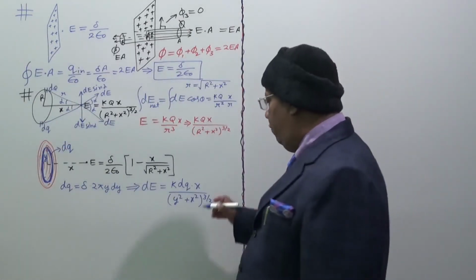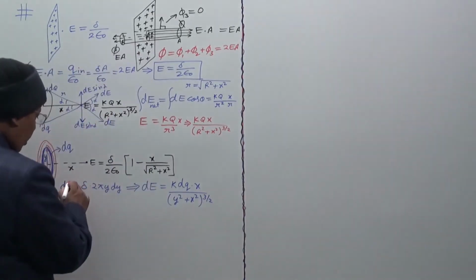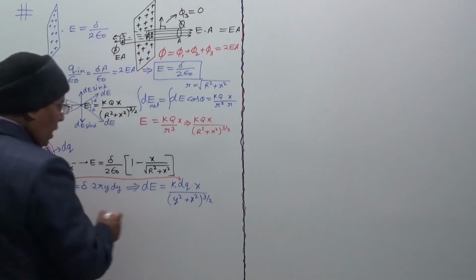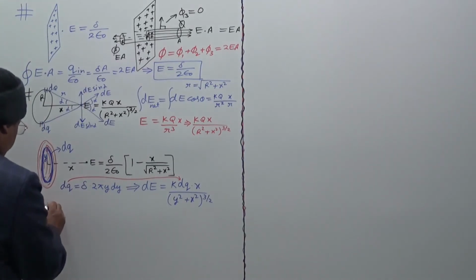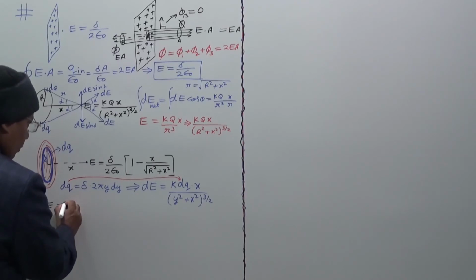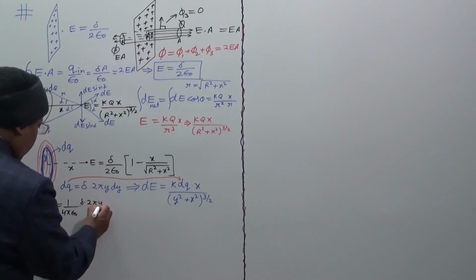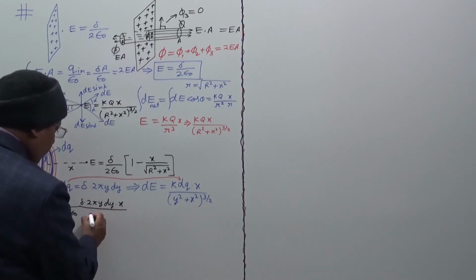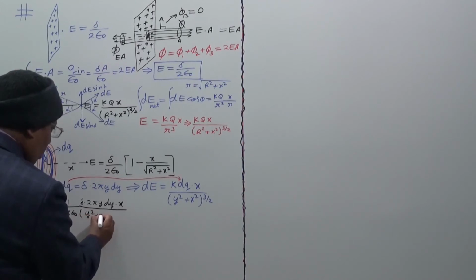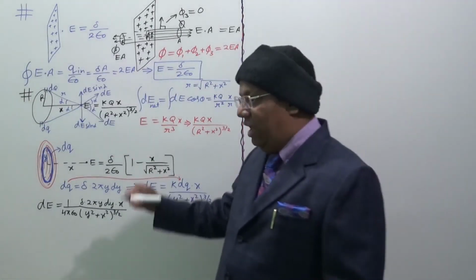Now you have to put the value of dq here, and you will get dE is equal to K, K means 1 upon 4 pi epsilon naught, dq is small sigma 2 pi y dy, x upon (y square plus x square) power 3 by 2. Here x is constant and y is variable.